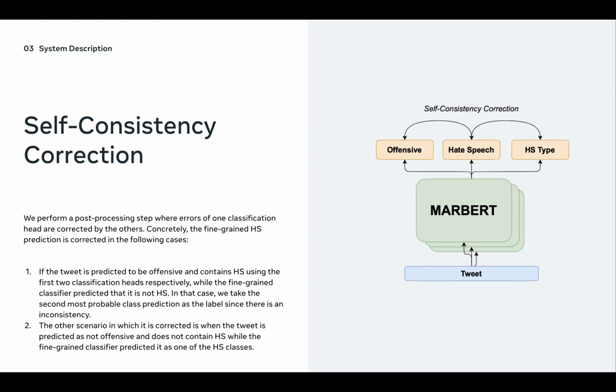And if the hate speech type head classified it as non-hate speech, then the hate speech head must present it as the not hate speech class. So we correct the predictions using the method described here, and we find that this can actually boost the performance of the hate speech classification by almost 2%.